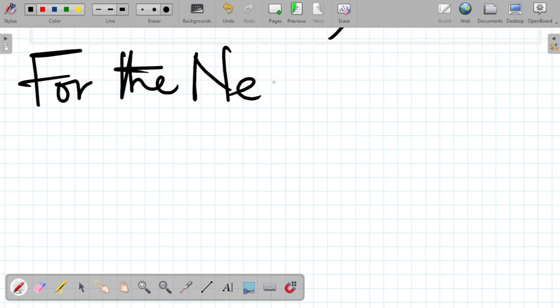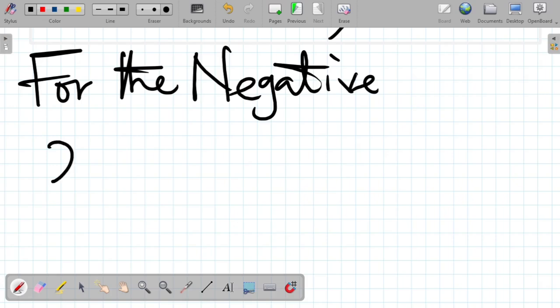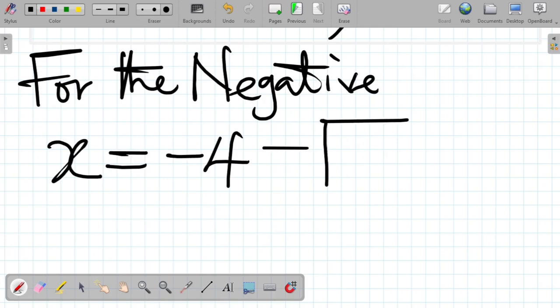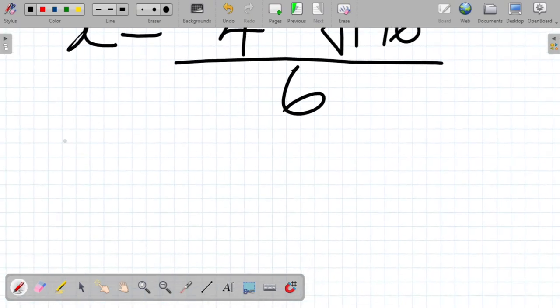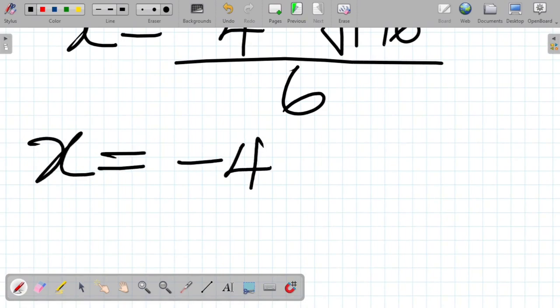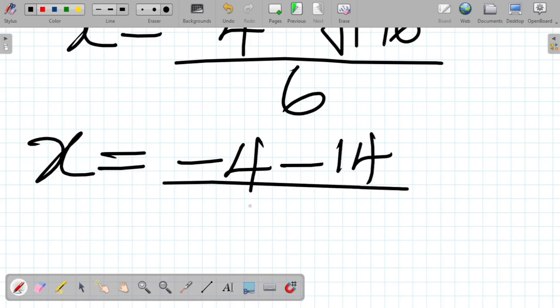And then for the negative, x is equal to minus 4 minus square root of 196 all over 6, which gives us negative 4 minus 14 all over 6.